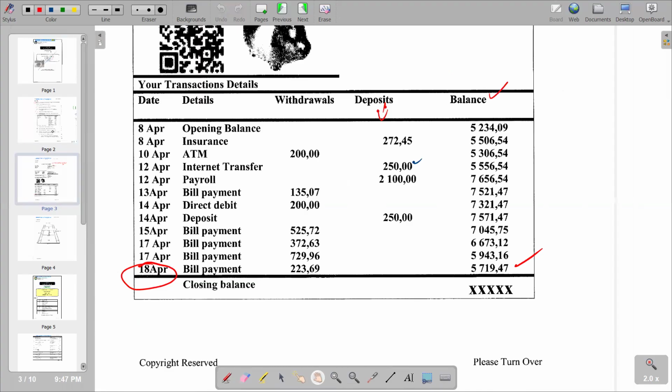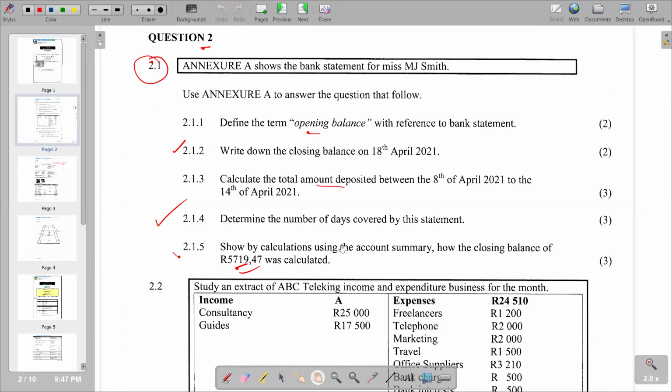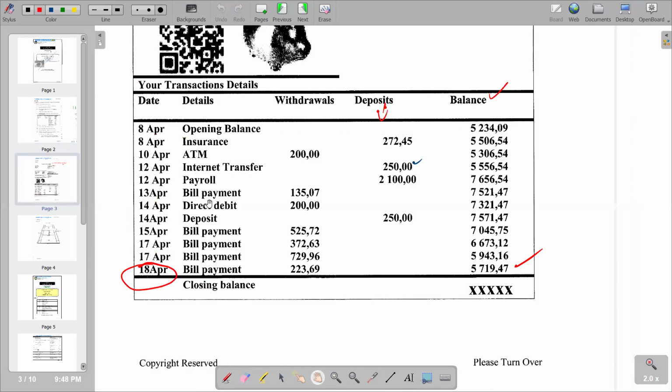So the question is asking us to show by calculations how to arrive at it. We have already calculated the total for deposits. To get to the balance, we say opening balance, plus total deposits, minus withdrawals, and you are supposed to arrive at 5,790.47.